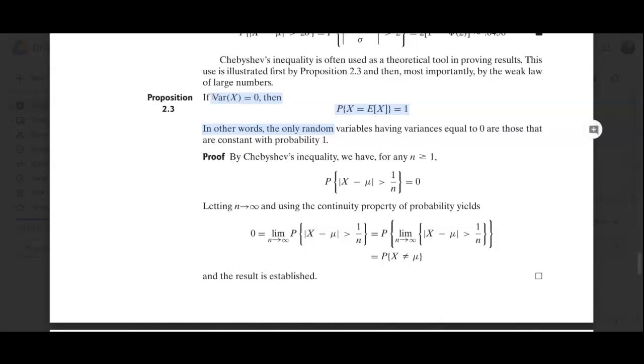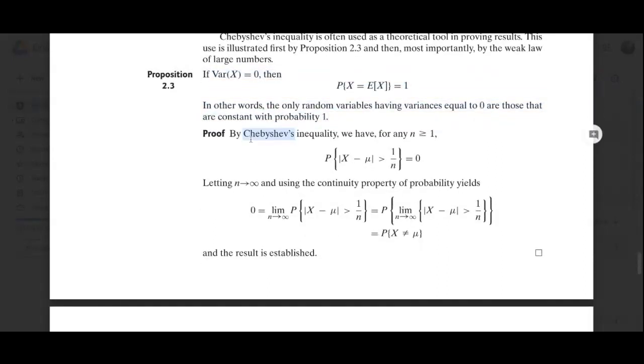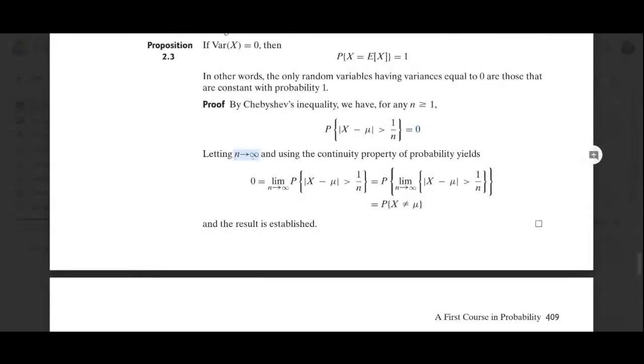That's very intuitive, right? But they made a proposition of that. The proof is by Chebyshev's inequality, then take the limit of that.